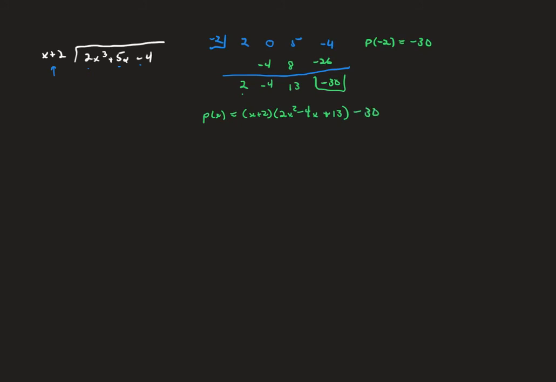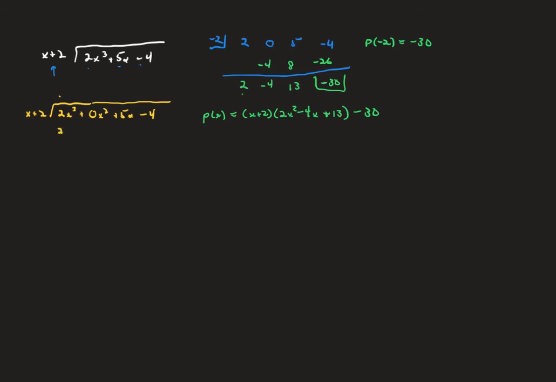Now let's see if we don't get the same thing doing long division. So I'm going to rewrite this x plus 2, and, kind of like what I did with the synthetic division, I'm going to put a placeholder where I'm missing that x squared term. So I'm going to call that 0x squared plus 5x minus 4. So to do this, remember, I'm going to say what times the x is 2x cubed.